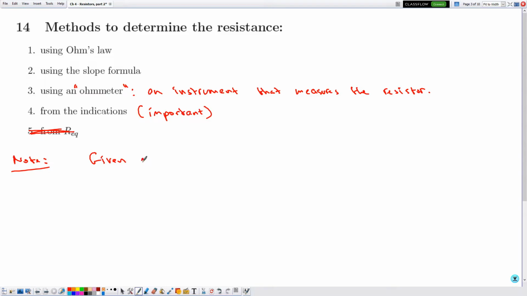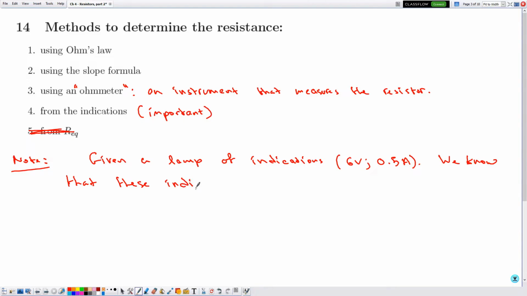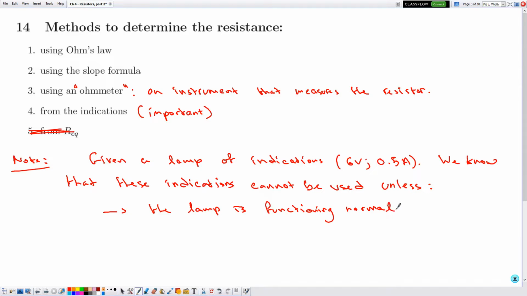Given a lamp L having the indications, say for example 6 volts and 0.5 amperes, we know that these indications cannot be used whatsoever unless the lamp is functioning normally or if we are calculating its resistance.